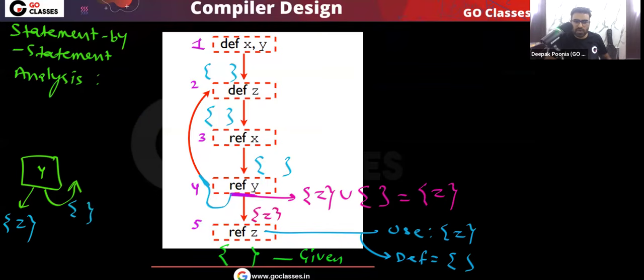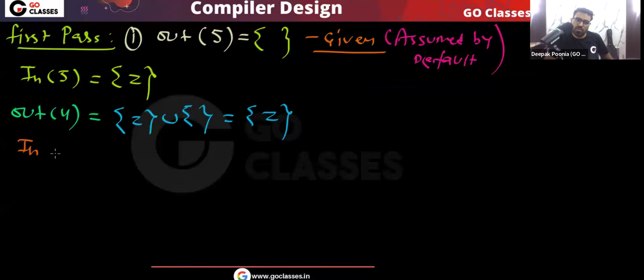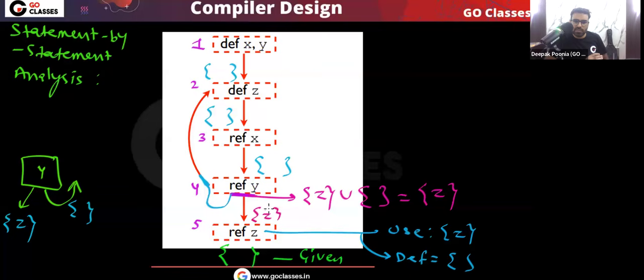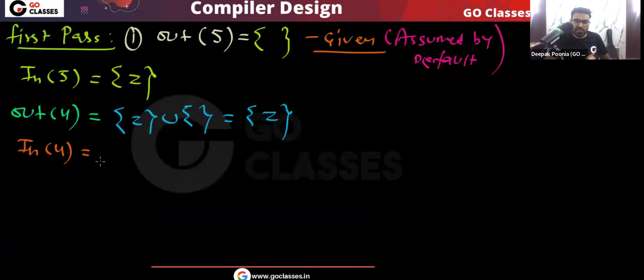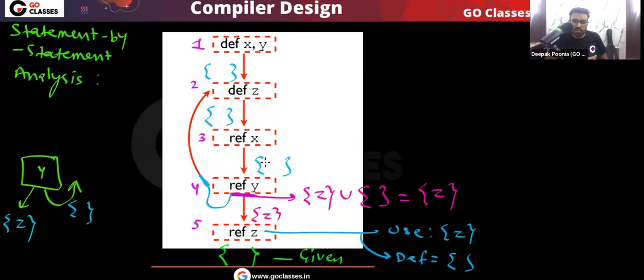Now you tell me what will be in of 4. That will be out of 4 minus kill, then you generate. Here we are referencing y, not defining or killing anything, so we generate y, and it will be yz.